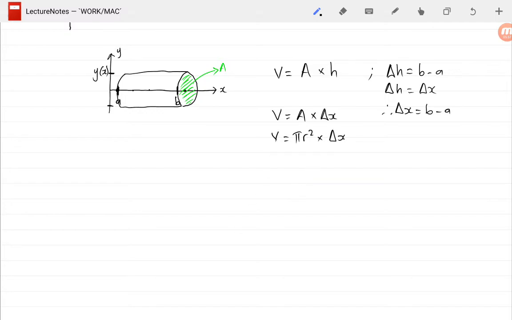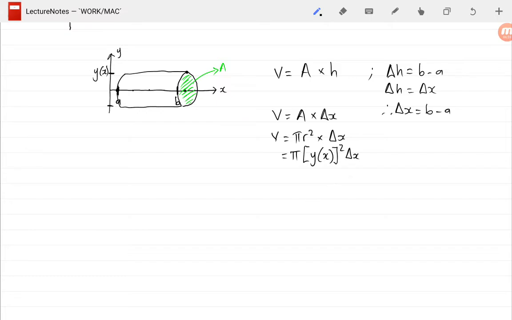So pi is a constant, and r we've said is our radius, and then we're going to express the radius at any given time. So this is a cylinder, that means there's a constant radius y of x. So volume is going to be equal to pi y of x all squared multiplied by change in x.